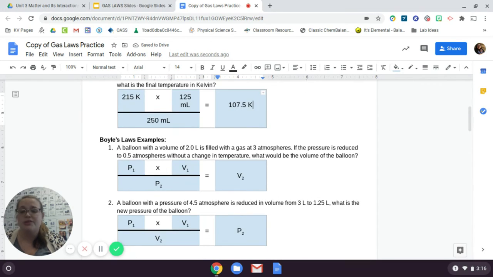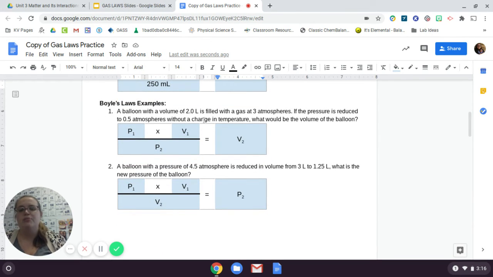So now we're going to do my Boyle's law examples. It says a balloon with a volume of 2 liters is filled with a gas at 3 atmospheres. If the pressure is reduced to 0.5 atmospheres without a change in temperature, what would be the volume of the balloon? So my initial pressure is 3 atmospheres. Atmospheres is ATM.